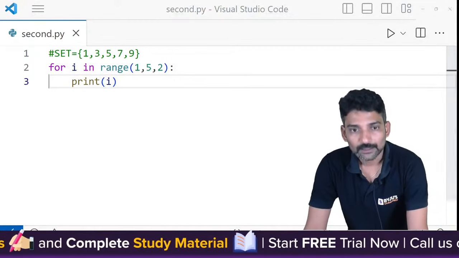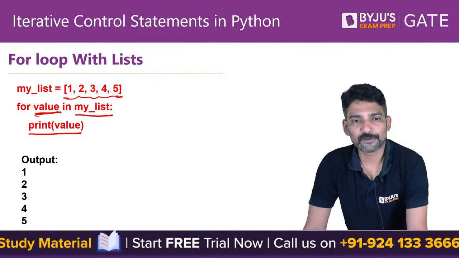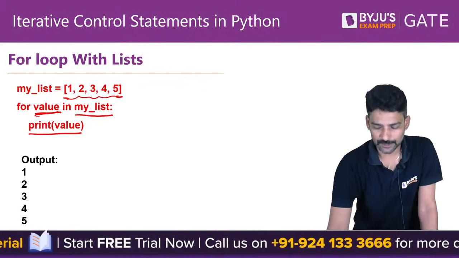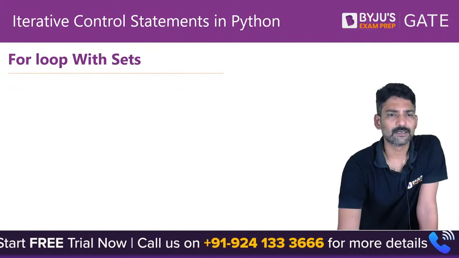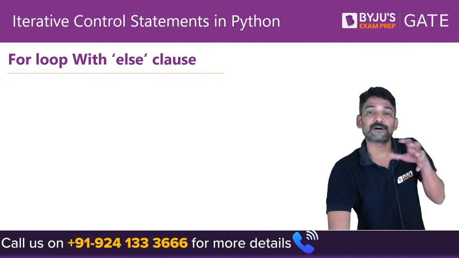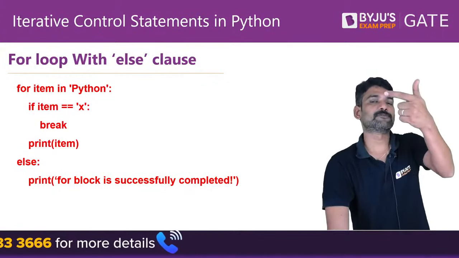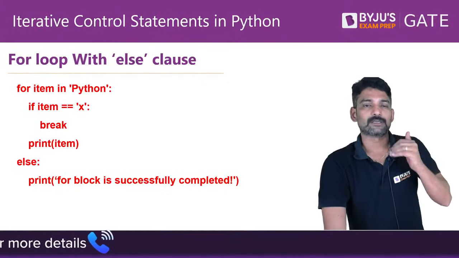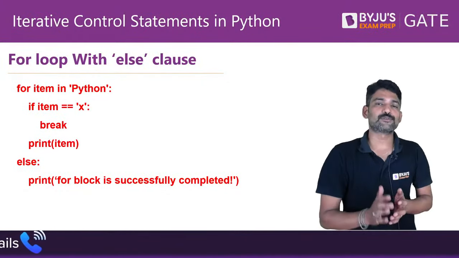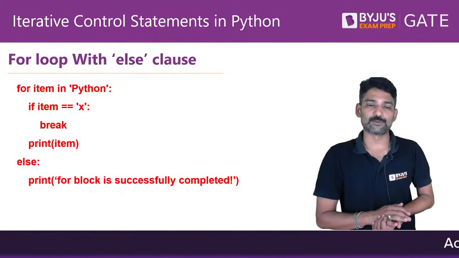Right. So, this is how you can use a for loop with lists, tuples, sets, and dictionaries. And even in a for loop, like while, we can use an else clause. Whenever the for condition is false, else gets executed. As usual, if for gets terminated with a break, then else will not be executed.